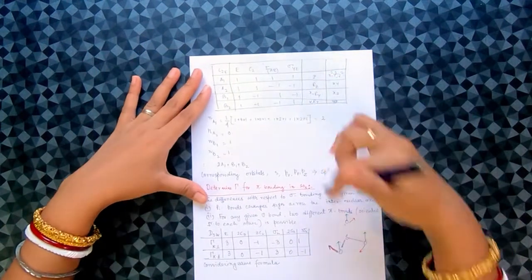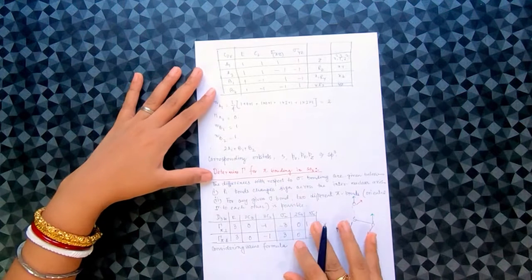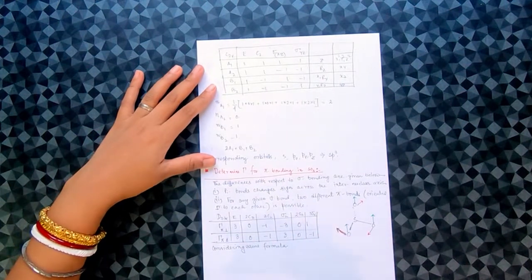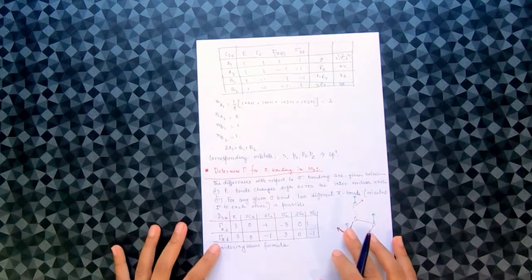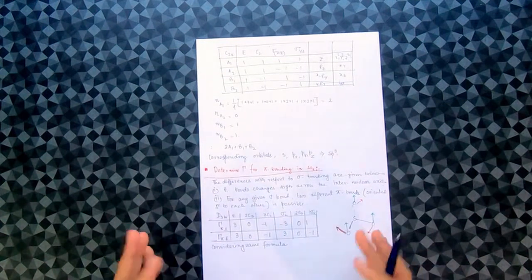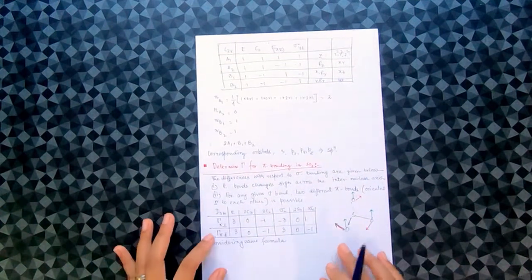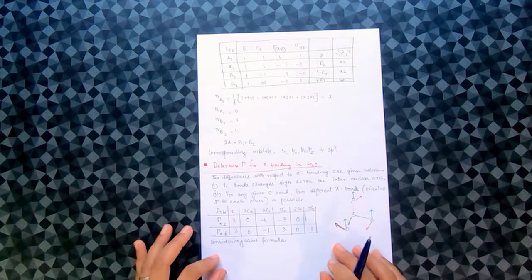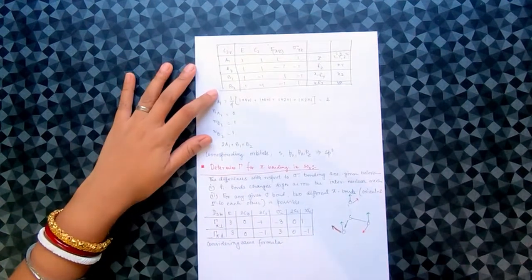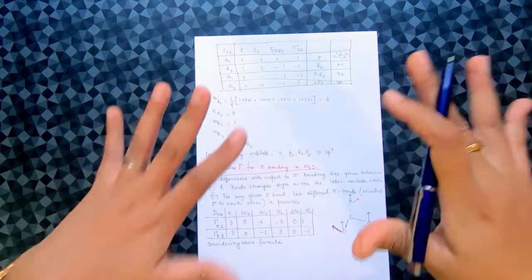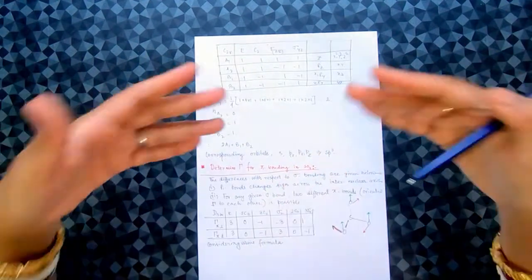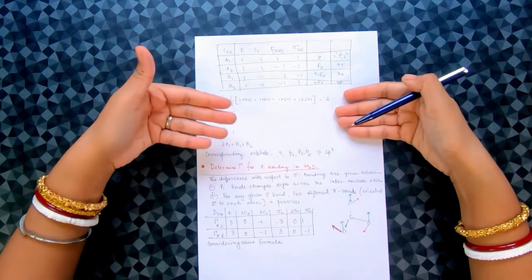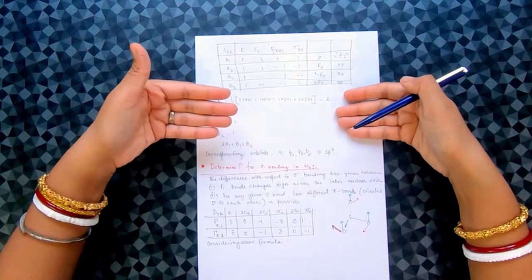Next, I have determined this with respect to pi bonds, because many molecules have pi bonds in the system, so we need to discuss that as well. For the sigma bond, obviously, when discussing any molecule, sigma bonds are there, so you can use the same procedure if the molecule has pi bonds as well.